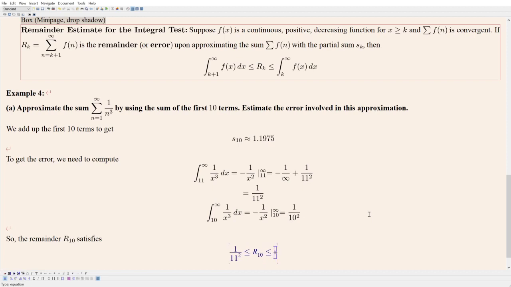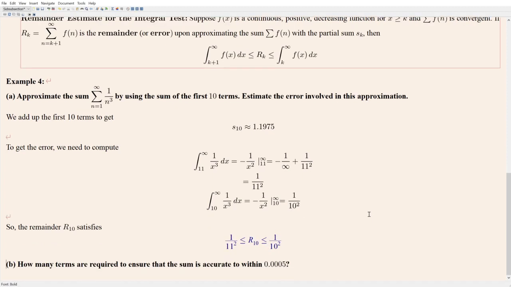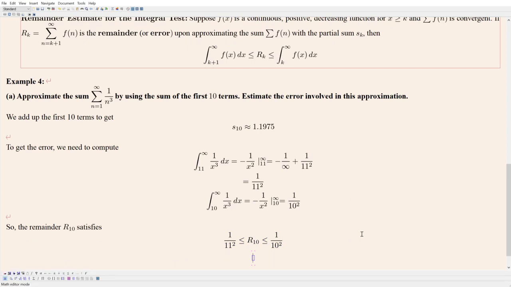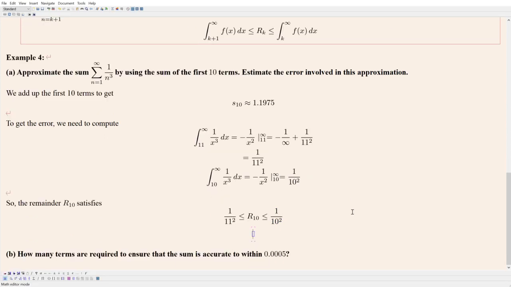Okay. And I suppose if we wanted to put decimals to this, yeah.